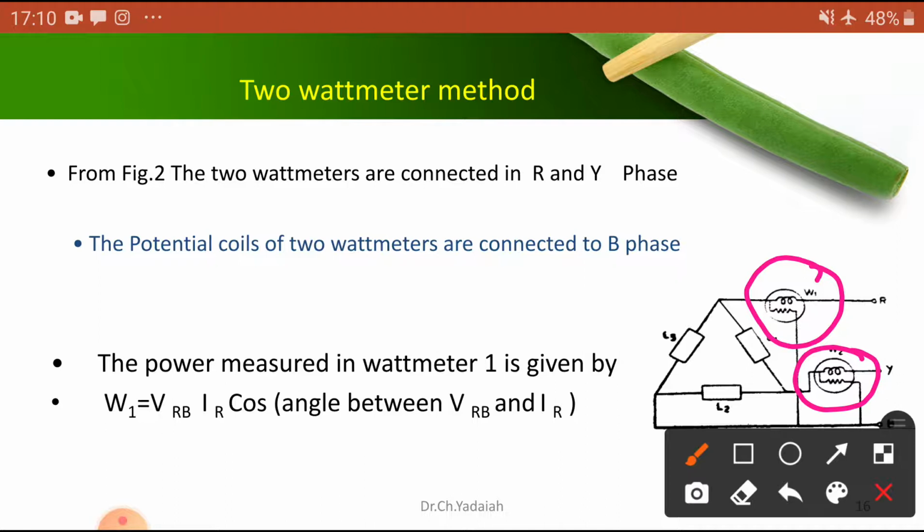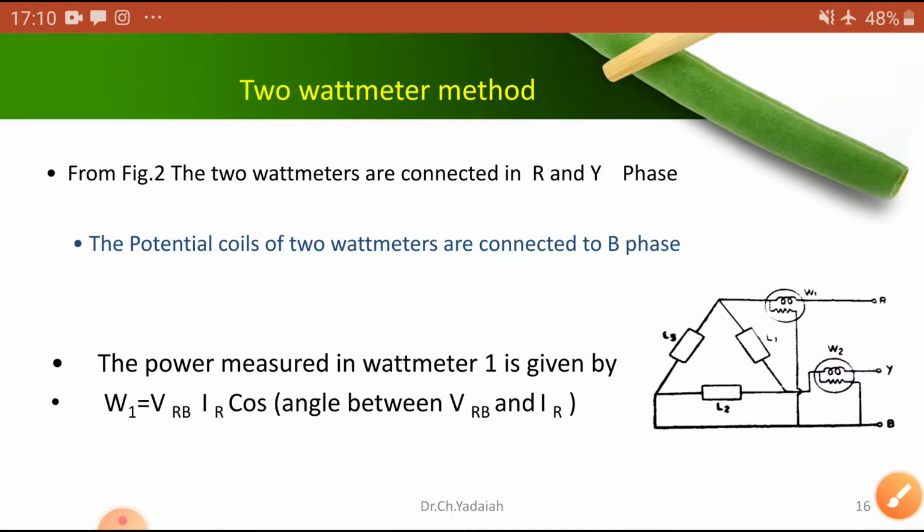So what is W1? It is VRB into IR. IR is the current flowing in the R phase and VRB is the voltage between the R and B phase. In this case you can see R, Y, B connected.